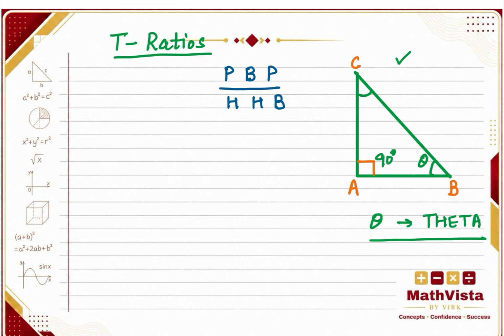First is sin theta. It is always taken with theta only, and in brief we write it as sin. This is simply the first ratio of our mantra, that is P over H. So sin theta is equal to perpendicular over hypotenuse.